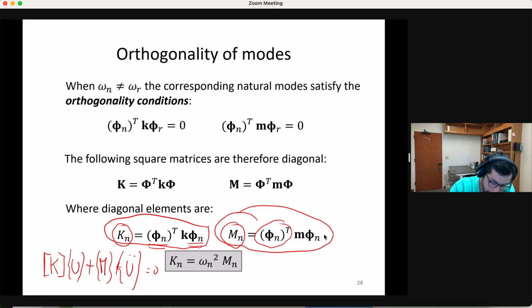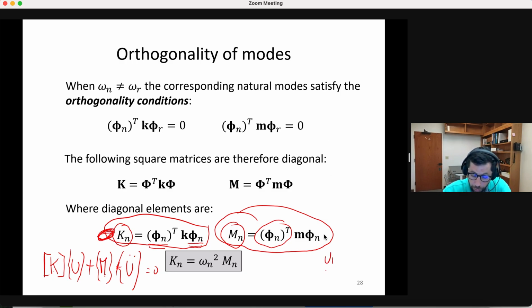But in this case, both the stiffness matrix and the mass matrix, which can be written in this way, are now diagonal matrices, meaning now, instead of having n coupled equations of equilibrium, I have n uncoupled equations of equilibrium. Meaning, there is no coupling anymore. In equation 1, my only variable will be u1.